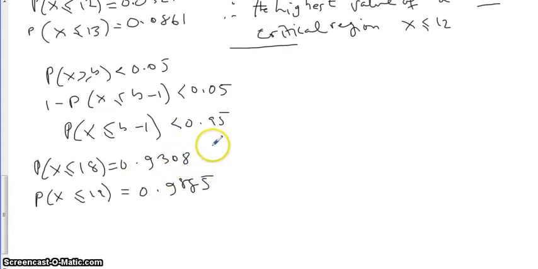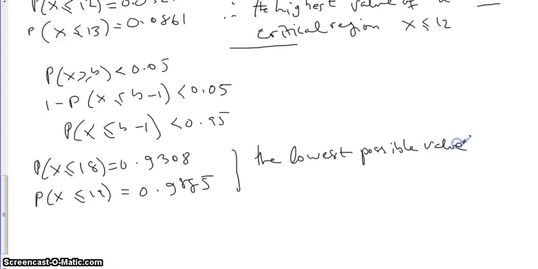So where it's less than, the lowest possible value, therefore we can conclude the lowest possible value of b minus 1 has to equal 19. And so b equals 20.